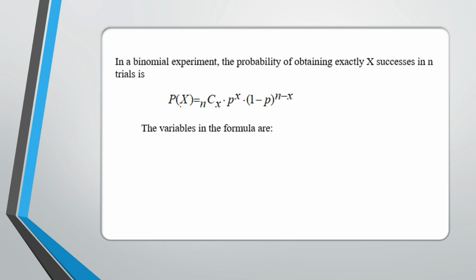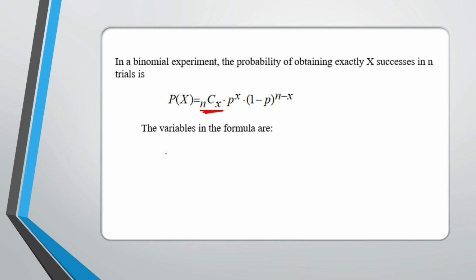P of x equals n choose x times p raised to the x power times the quantity 1 minus p raised to the n minus x power. Notice we have n choose x here, and that's going to be done on your calculator. You could watch an earlier video where I show you how to use combinations on the calculator.